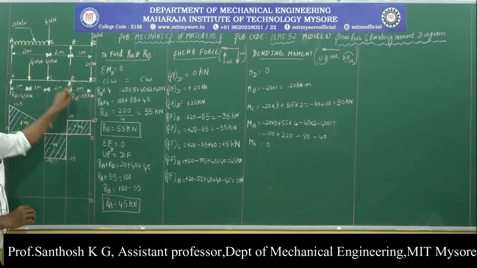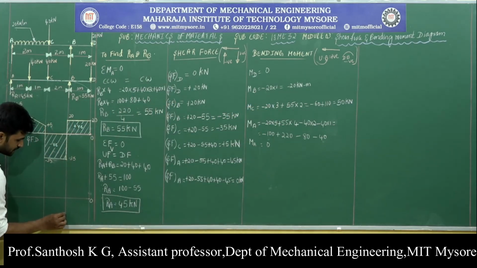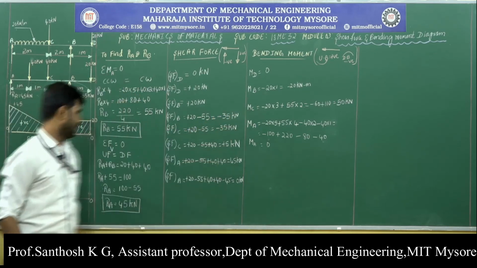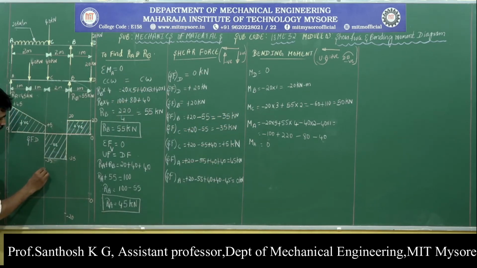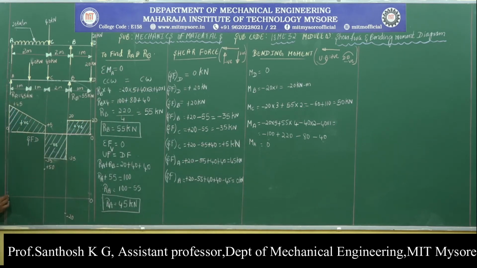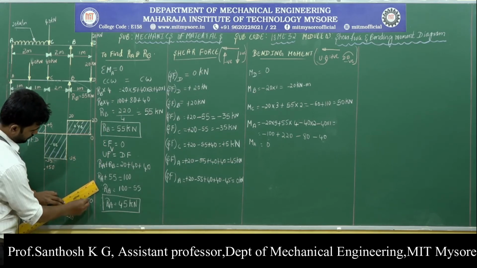Then at point B we are having a bending moment of magnitude minus 20. At point C we are having a bending moment of magnitude plus 50 kilonewton meter, and at A we are having a bending moment of magnitude 0. Now, join all the points to get the variation of bending moment throughout the length of the beam.